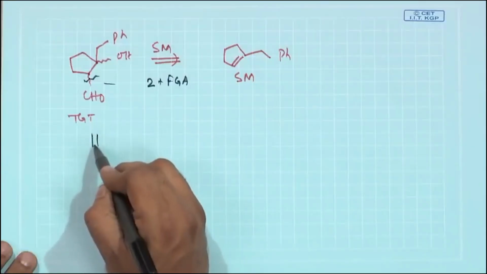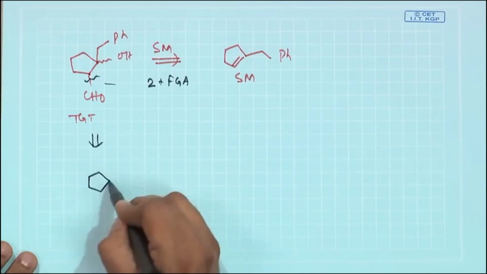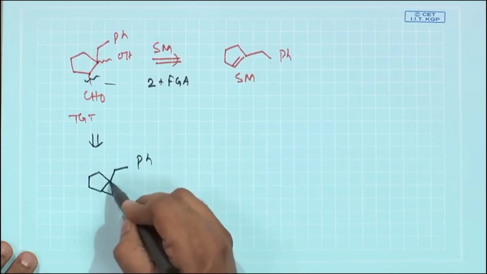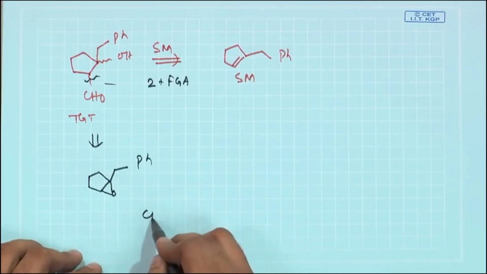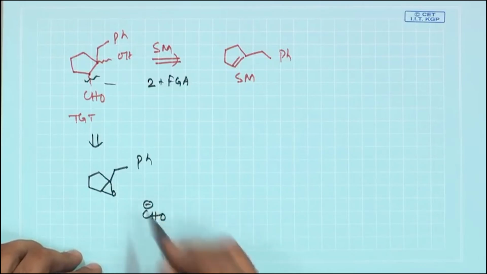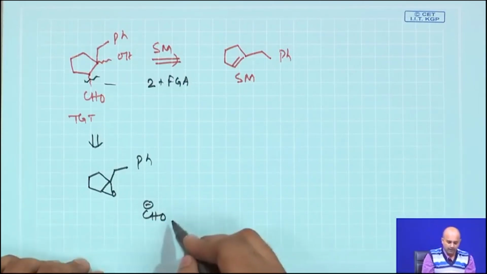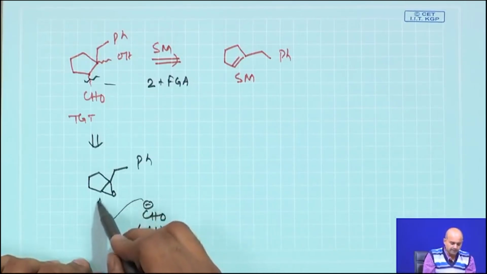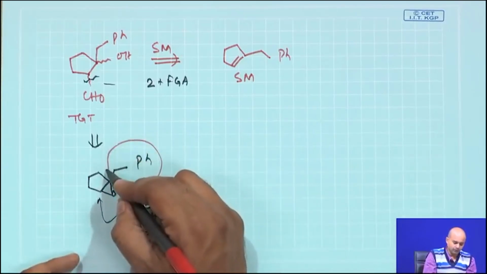Now, do the retro in a very classical way. If you have this epoxide and you have this formyl anion as a source of nucleophile, a D1 species, this epoxide can be attacked either this way or this way.